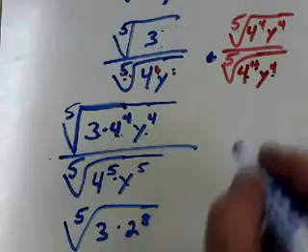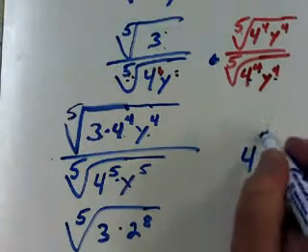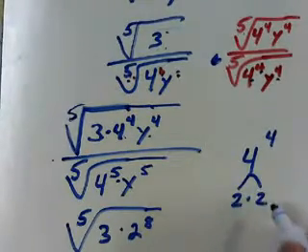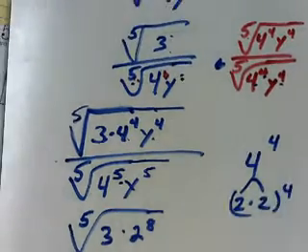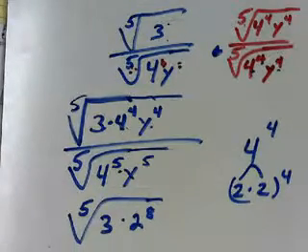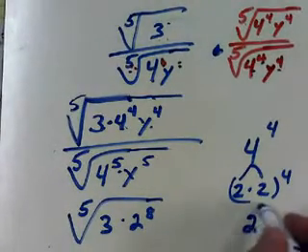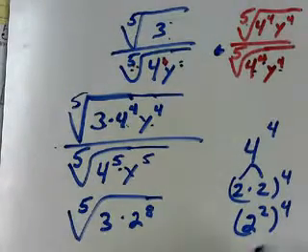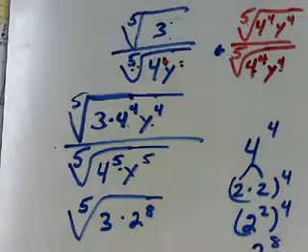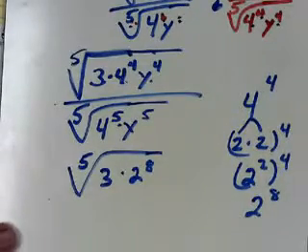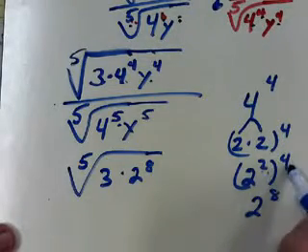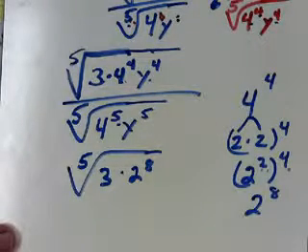Well, if I have 4 to the 4th, isn't that the same as 2 times 2 to the 4th, which is 2 to the 2nd to the 4th, which is the same as 2 to the 8th? Because here I have an exponent to an exponent. Can't I just multiply those exponents? Right?